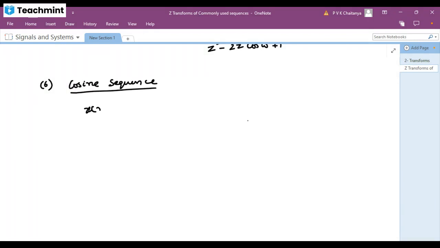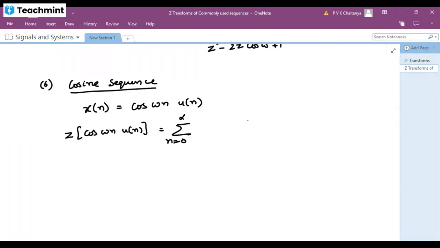So x of n is equal to cos omega n into u of n. So the z transform of cos omega n into u of n, with a similar derivation as we have done previously, is the sum of cos omega n into z power minus n.